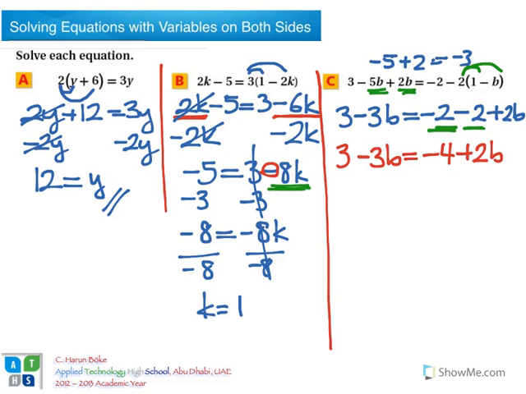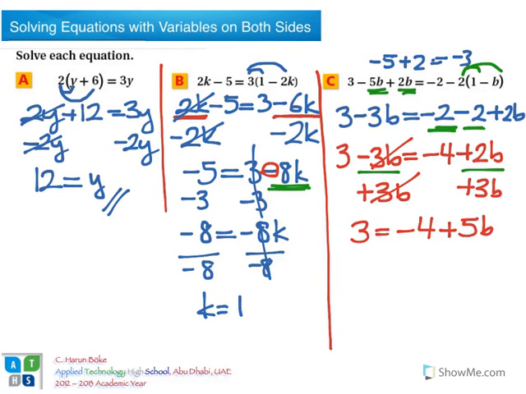Now I have to cancel one of the variables. Since this is minus 3b and this is plus 2b, the smaller variable is minus 3b. I will add 3b to both sides, so that I cancel these. I have 3 left on the left hand side. I have minus 4 plus 2 plus 3 is 5b on the right hand side.